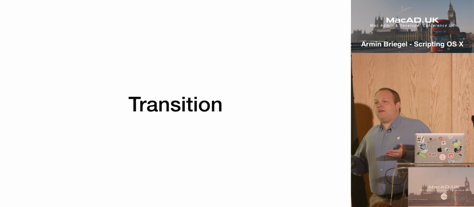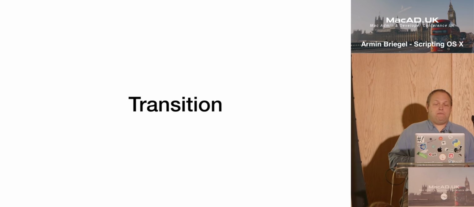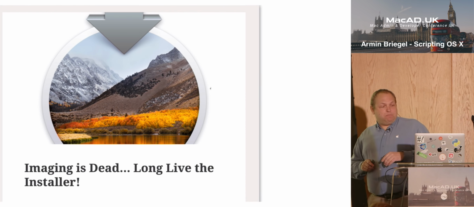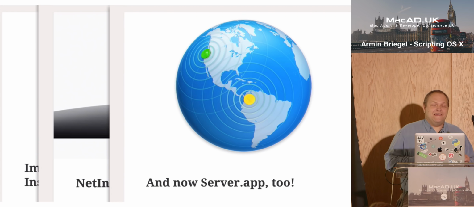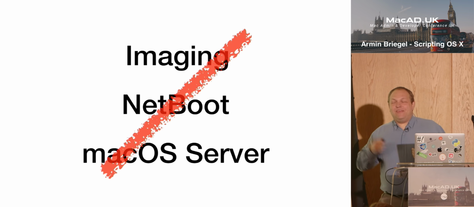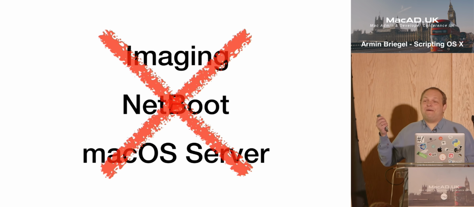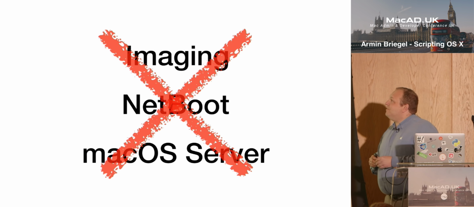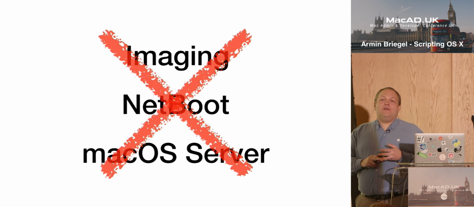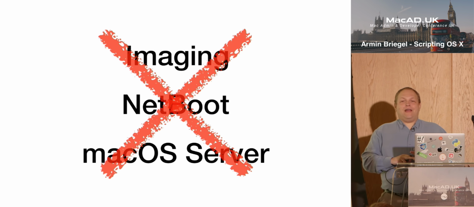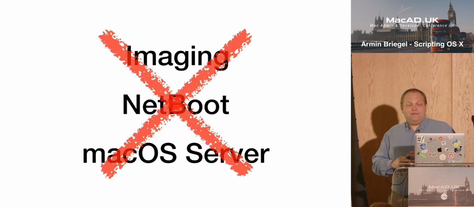At the same time, over the last few years, Apple has had a few transitions of their own, very specific to the Apple space. And since I blog about this, I got to blog a lot about these. And these are the most prominent changes that happened, I would say, in the last 2 years, 18 months. Imaging, NetBoot, macOS Server, they're all kind of gone.